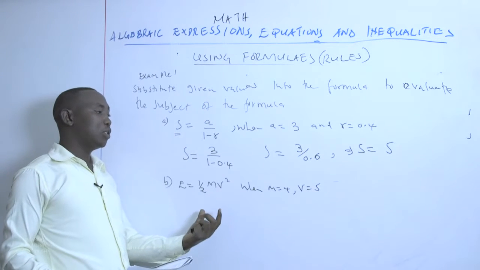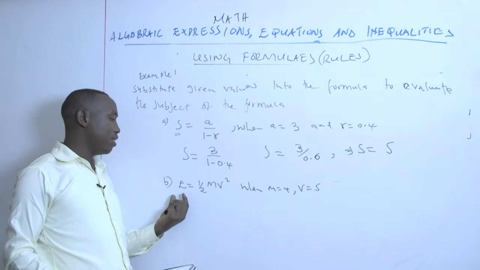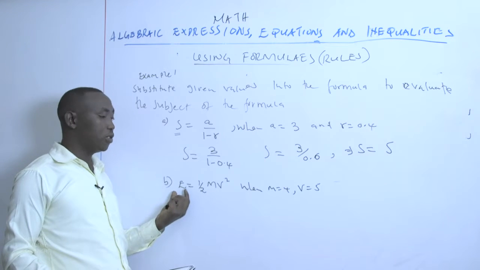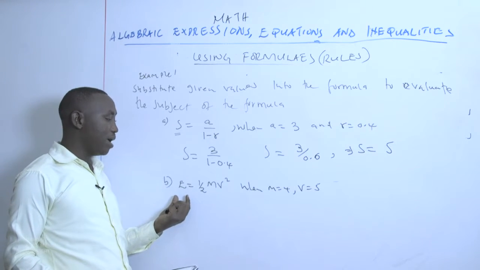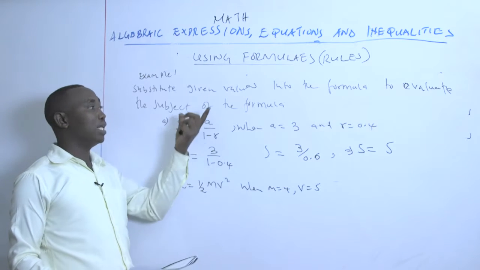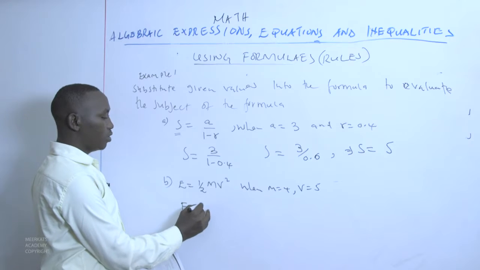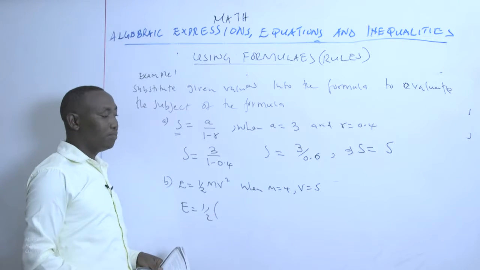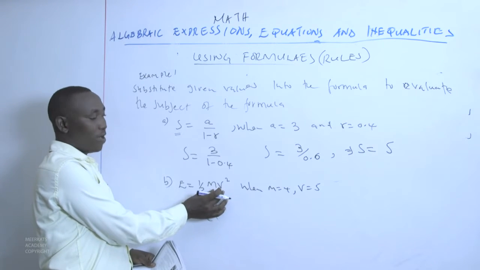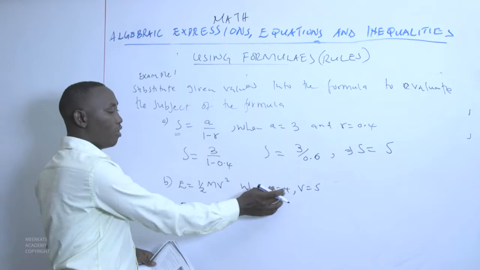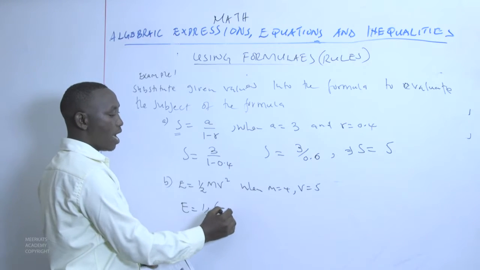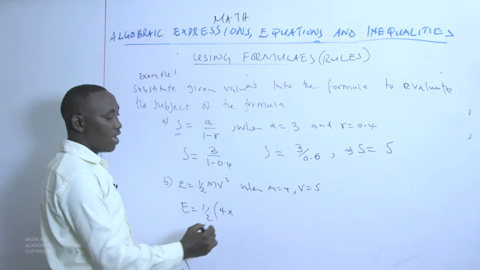So again, we are going to substitute to be able to get the value or the solution to this left hand side. E is now called the subject of the formula. So E will be equal to a half multiplied by m and v. We substitute the values of m and v. M, you have been told, is 4, and v, you have been told, is 5.